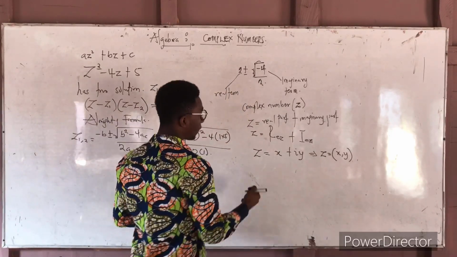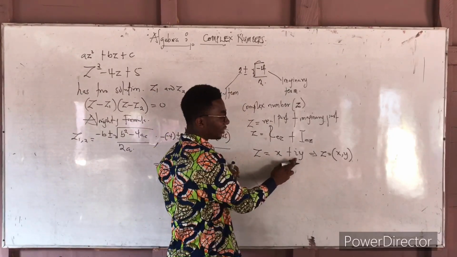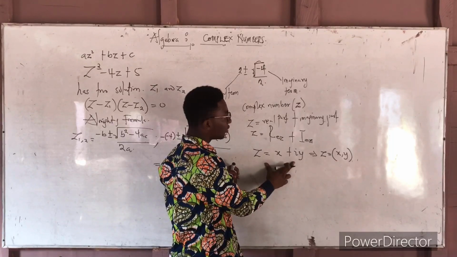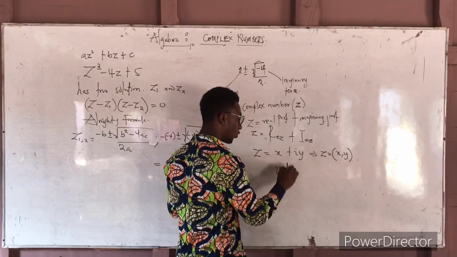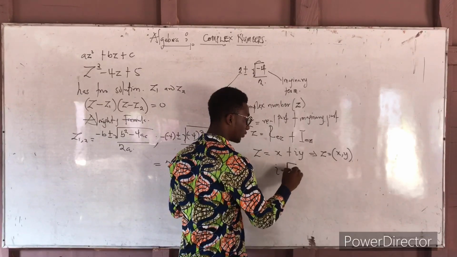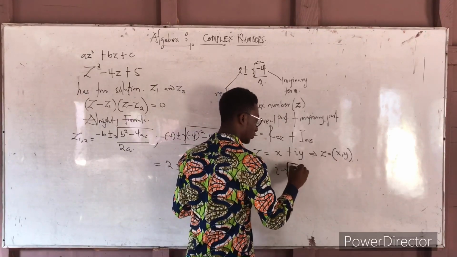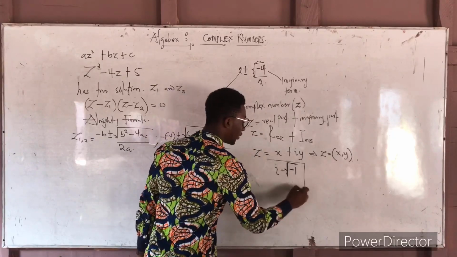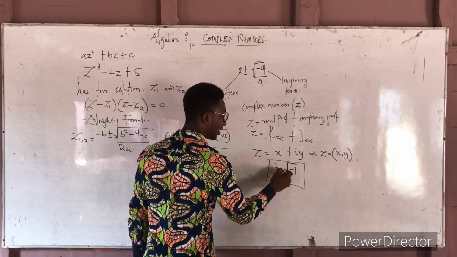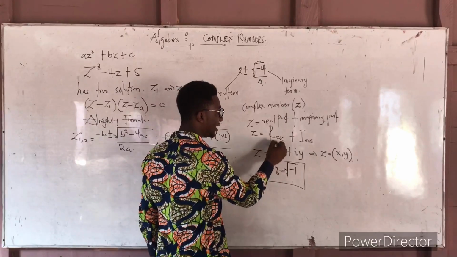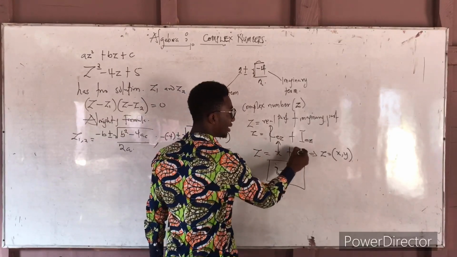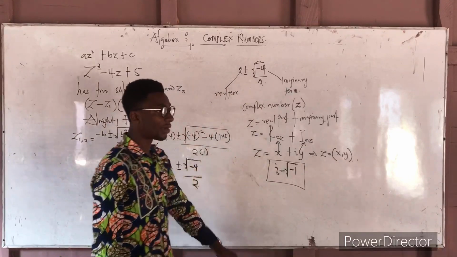The i that makes this whole thing a complex number is because i is always equal to the root of -1. So anytime you see the root of -1, it is i, that is the imaginary part. The x here is the real part, and this part is the imaginary part because of the i.